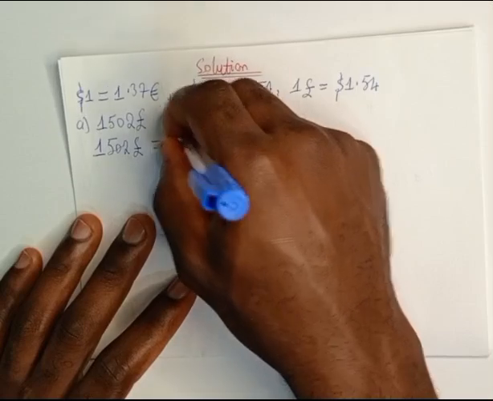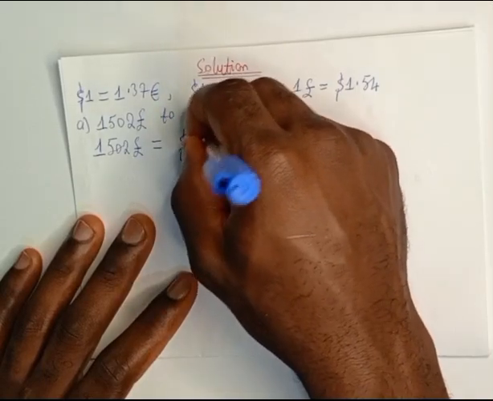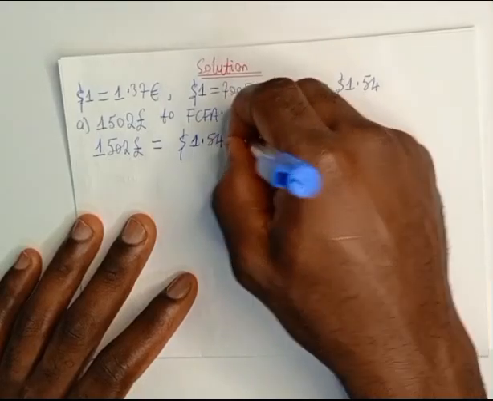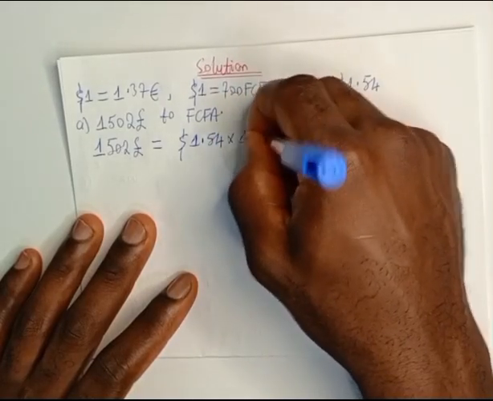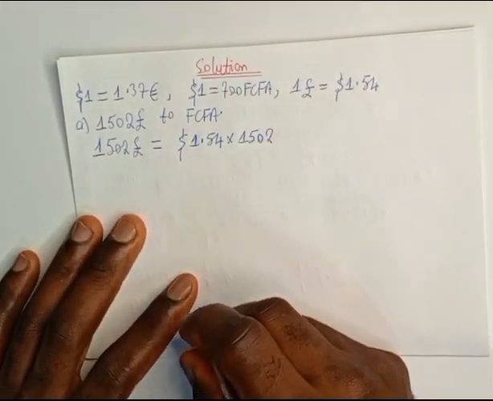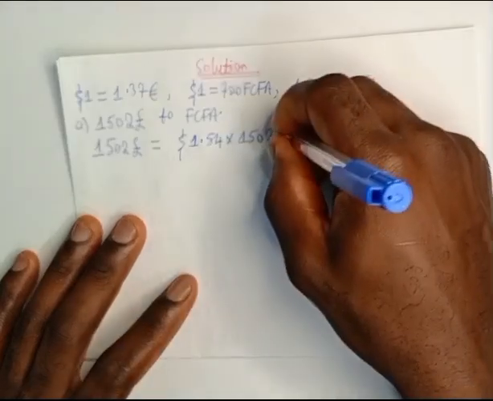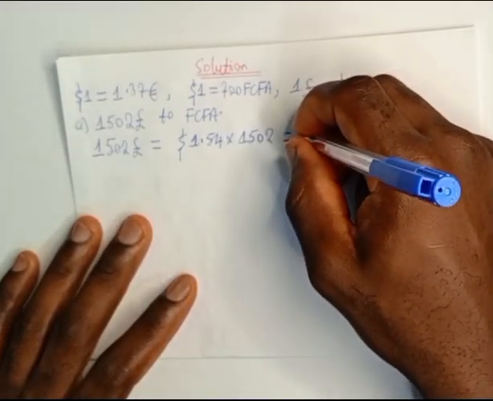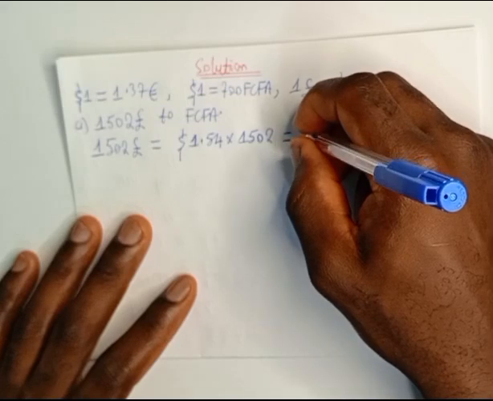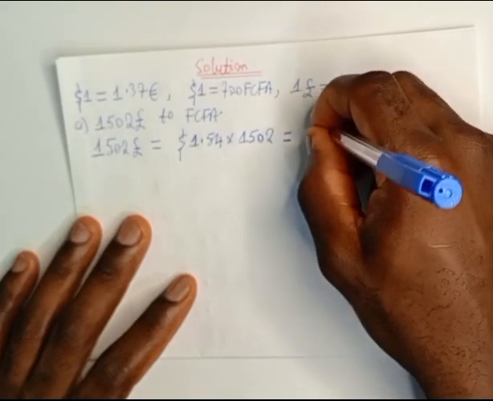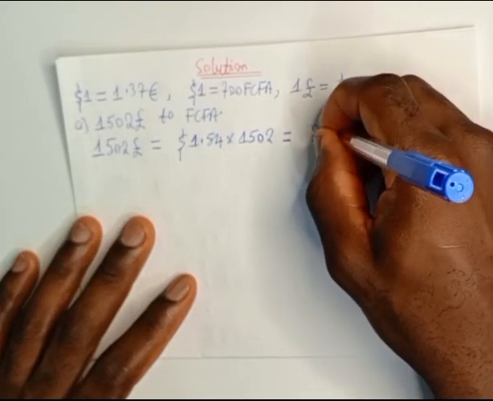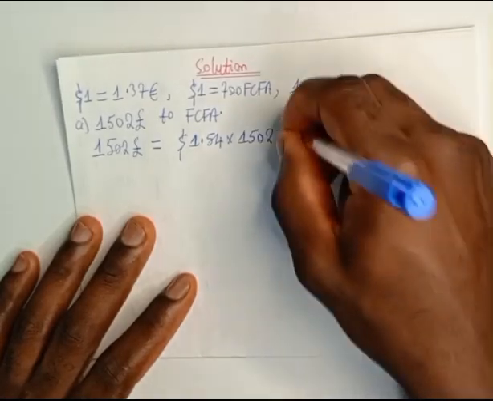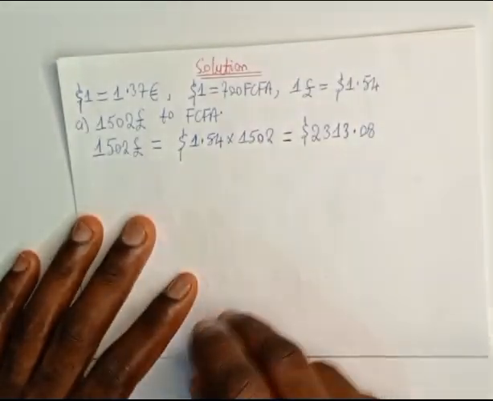Simply means 1.54 times 1,502 will give us the amount in dollars. Performing this multiplication, we are going to obtain 2,313.08 dollars.